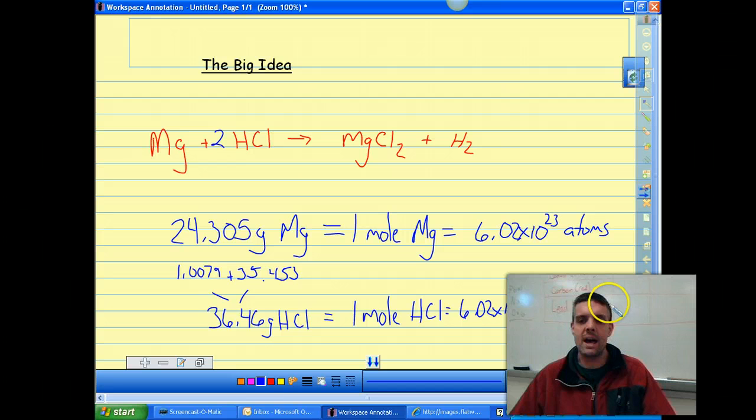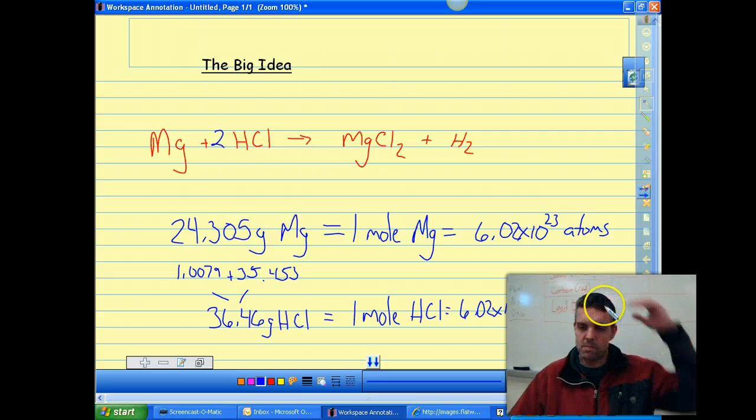Why not atoms? Well, it's that many atoms of hydrogen and that many atoms of chlorine, but together it's a molecule.